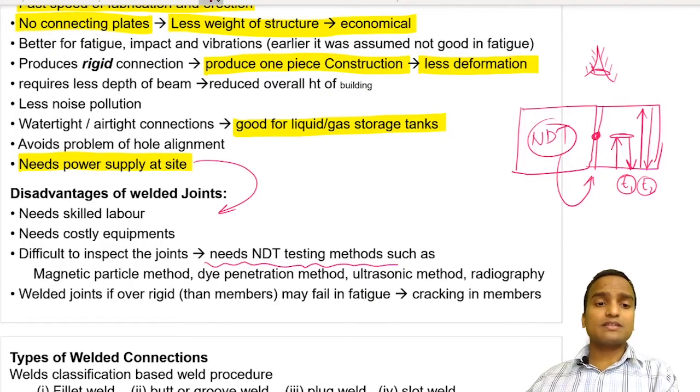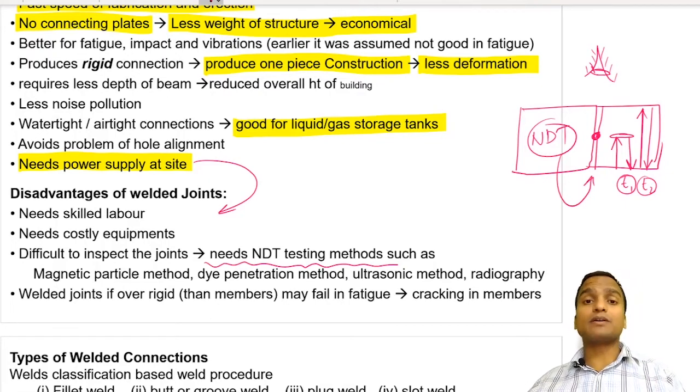Now if welded joints are over rigid, then members may fail in fatigue, because we don't want our structure to become over rigid. We want our structure to be flexible and ductile, but also strong and robust. So we want both.